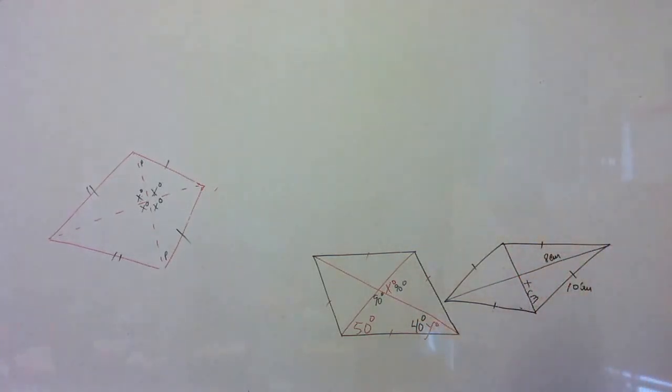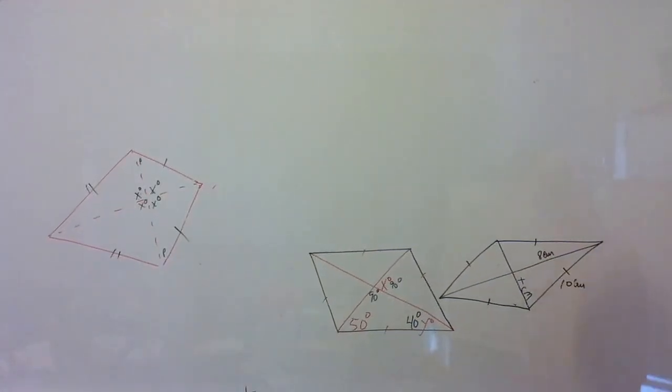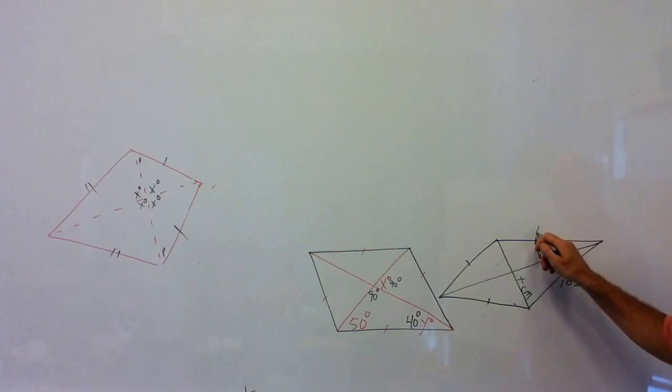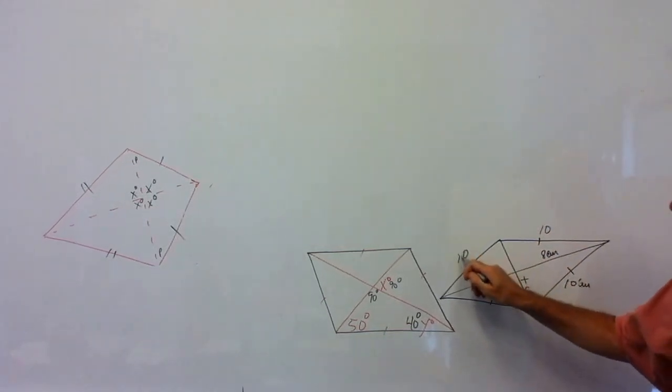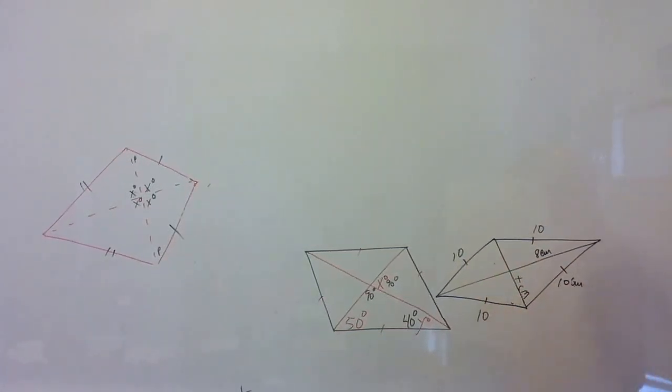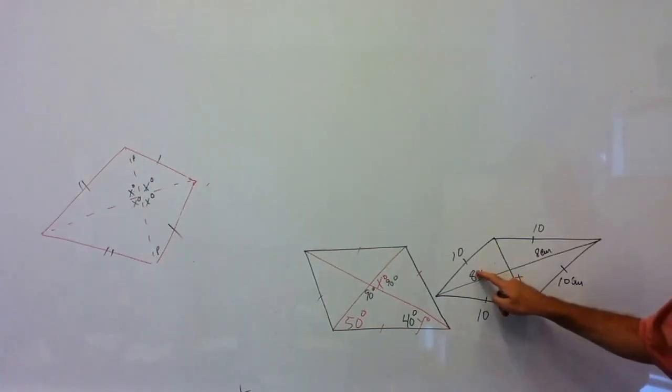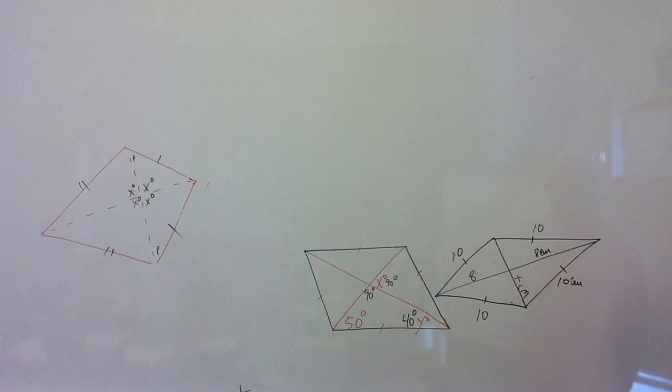Easy? And what about this one? If this is 10, what's this? 10. What's this? 10. What's this? 8. Do we know what these are?